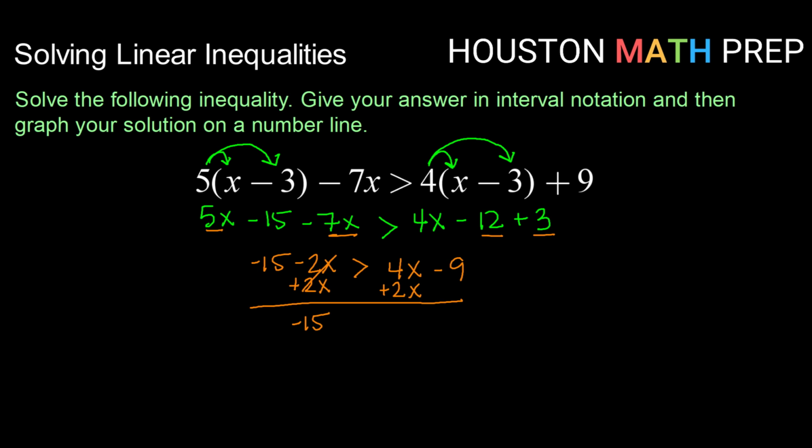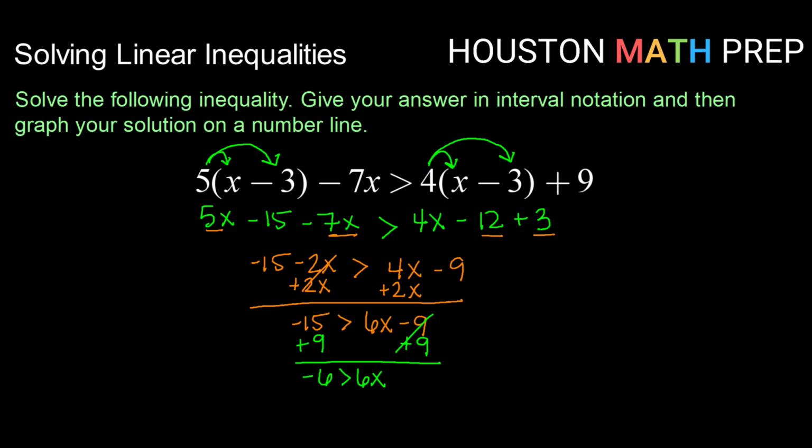So -15 is greater than 6x minus 9. And now that I've got all of my variables on one side, I want to bring my constants over. So adding 9 to both sides gives me -6 is greater than 6x.